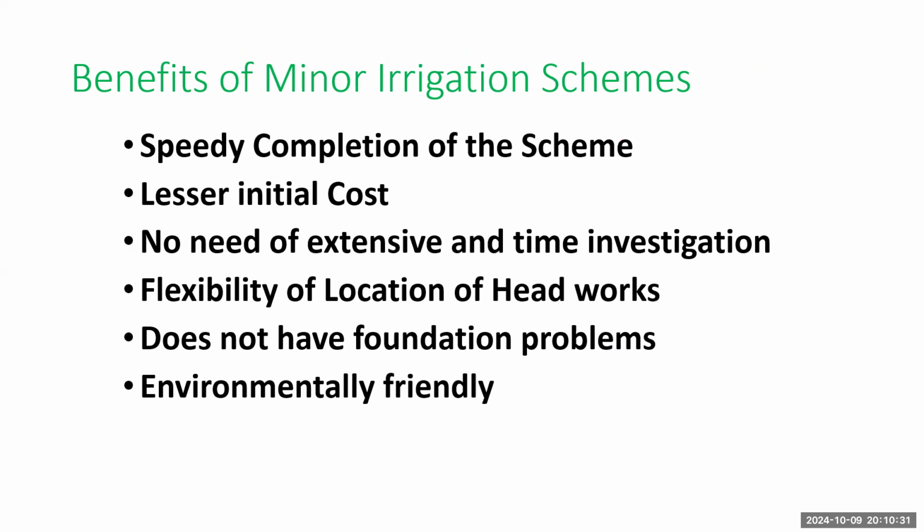The initial cost is also less as compared to the major irrigation scheme. There is no need for extensive and long-time investigations. Then there is flexibility in the project to locate the headworks.